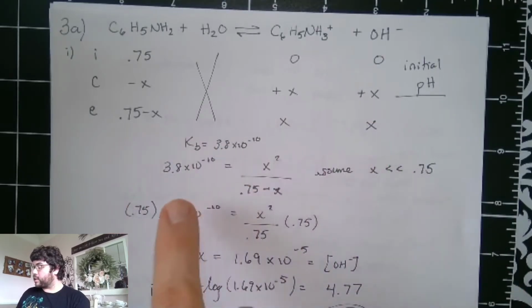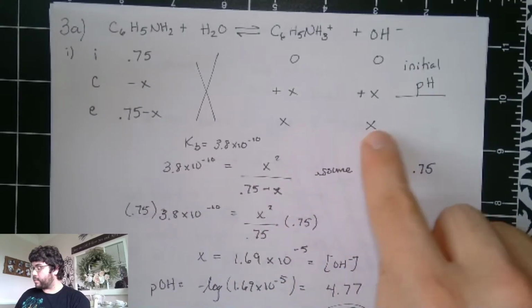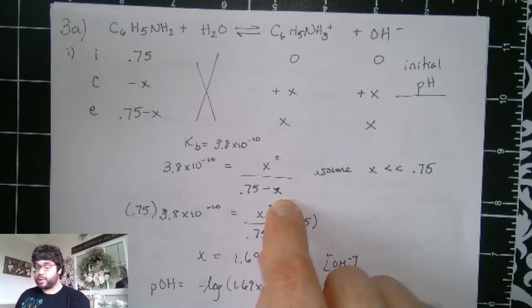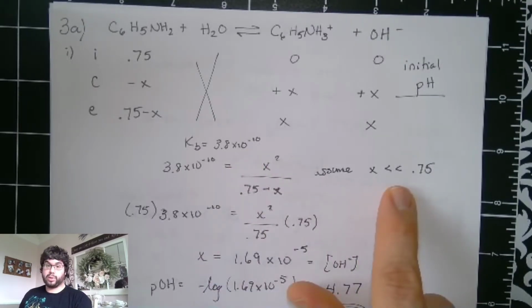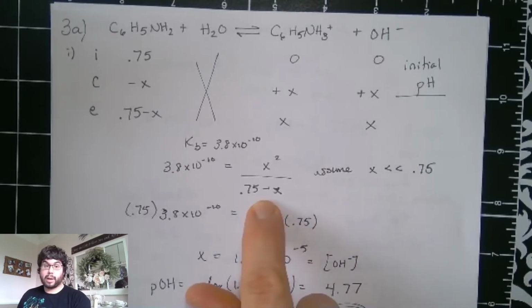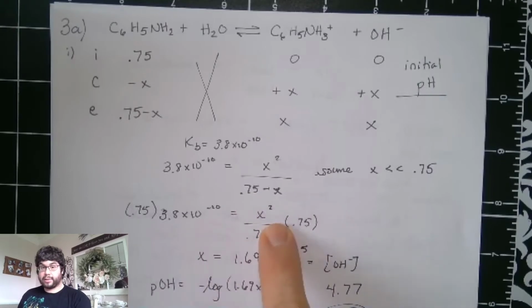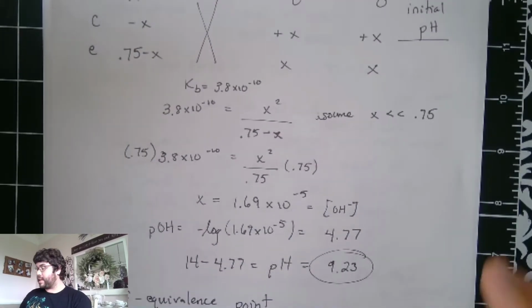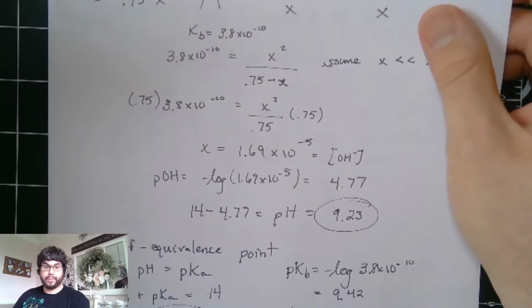So our equilibrium expression is going to be Kb equal to x squared, x times x, over 0.75 minus x. Again, assume, since the equilibrium constant is very, very small, the value of x is really, really small, so we can ignore it in the denominator here. So just solve for x, do the math, and you get a value of 1.69 times 10 to the negative fifth. That is the concentration of hydroxide.